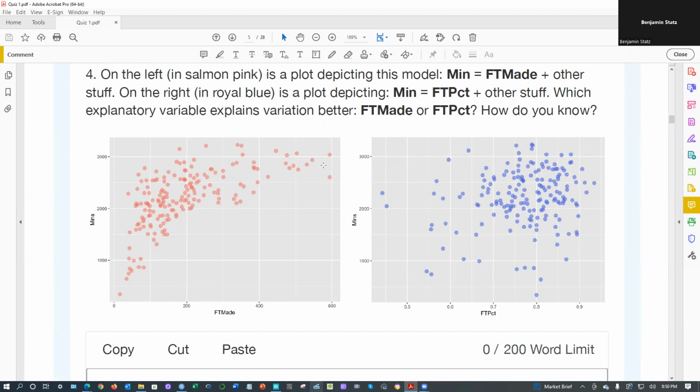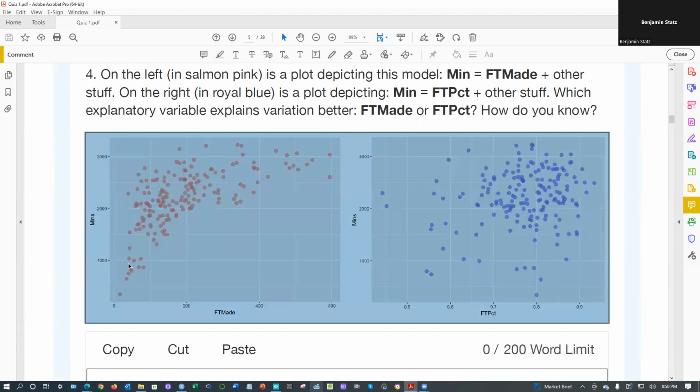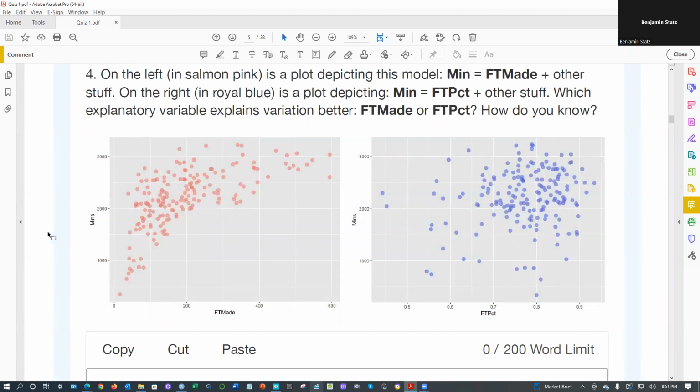That's why you go to the polynomial. I'm going to get a curve like this. Can I get a curve like that? Yes. So most of the time, this will be explained very well by a polynomial. This one is a cluster, and a cluster will not be explained very well.